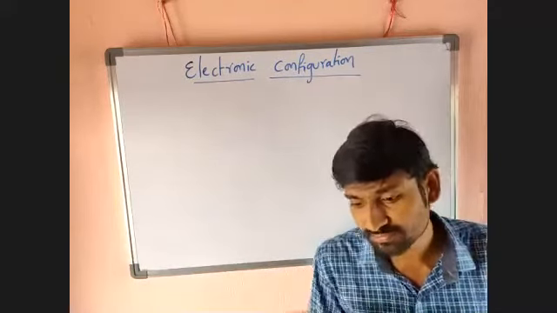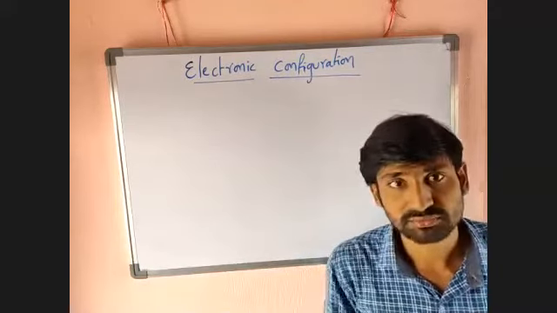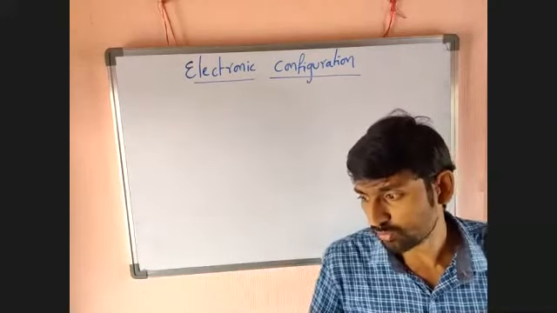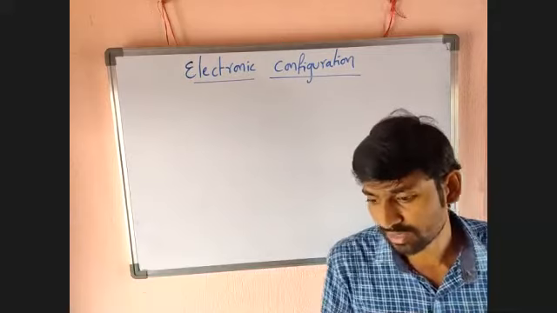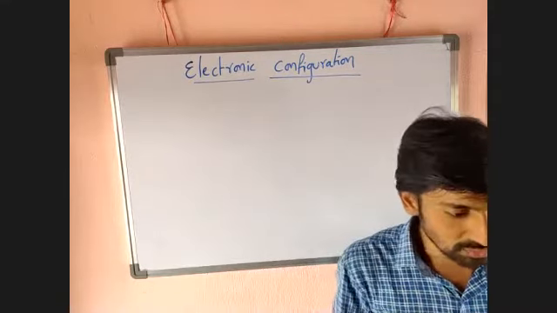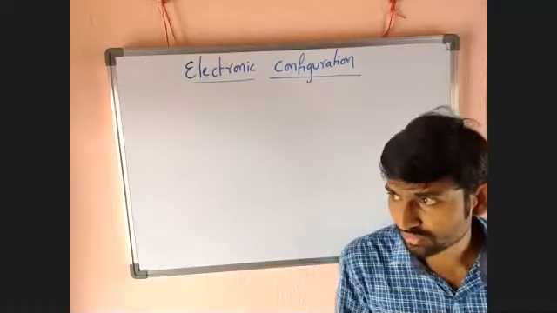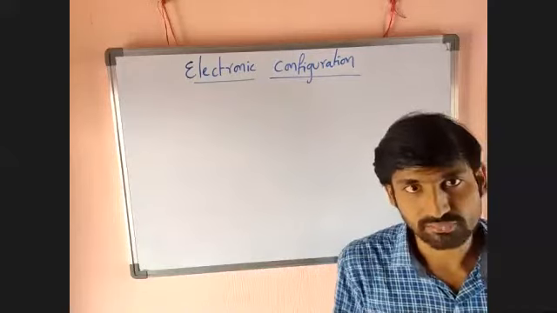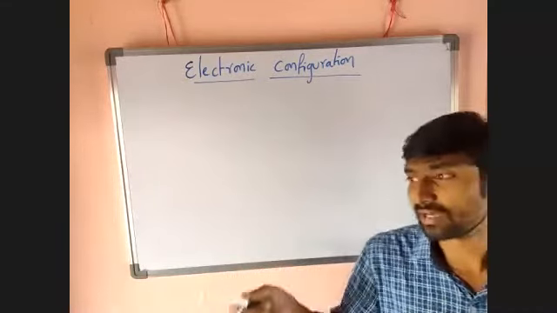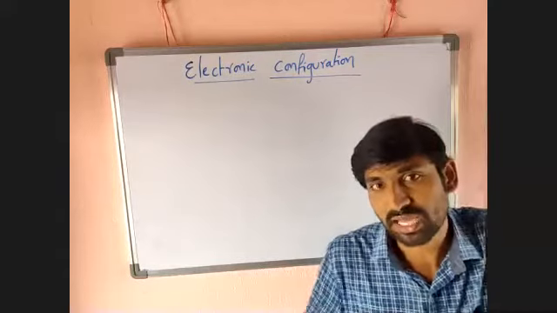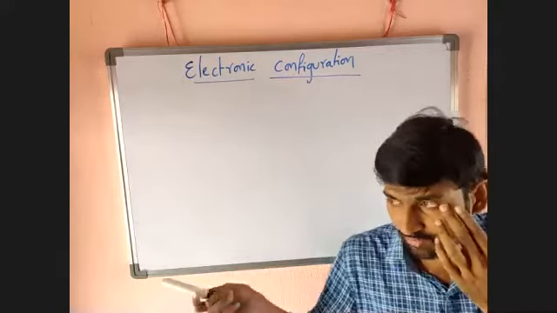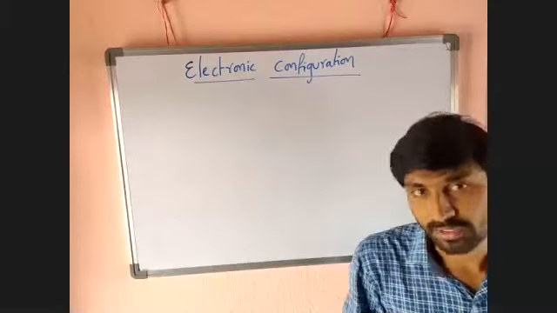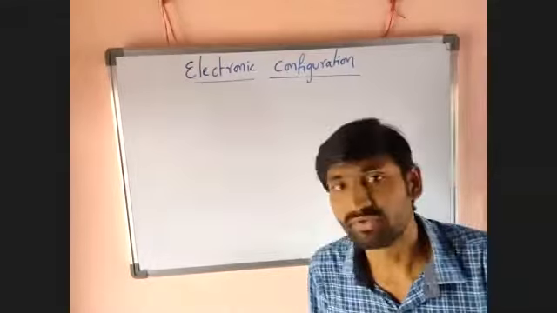Distribution means we have to provide the electrons in the atom into atomic orbitals, by sharing. Not giving, an atom cannot give. If an atom gives, it will convert into a cation or anion. But here it is just spreading of electrons in atomic orbitals. That is nothing but electronic configuration.